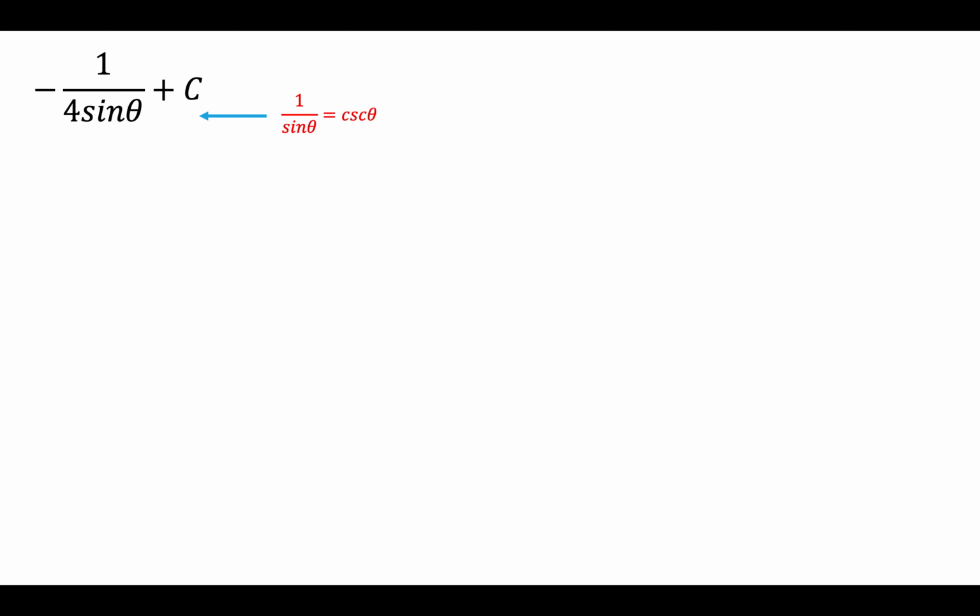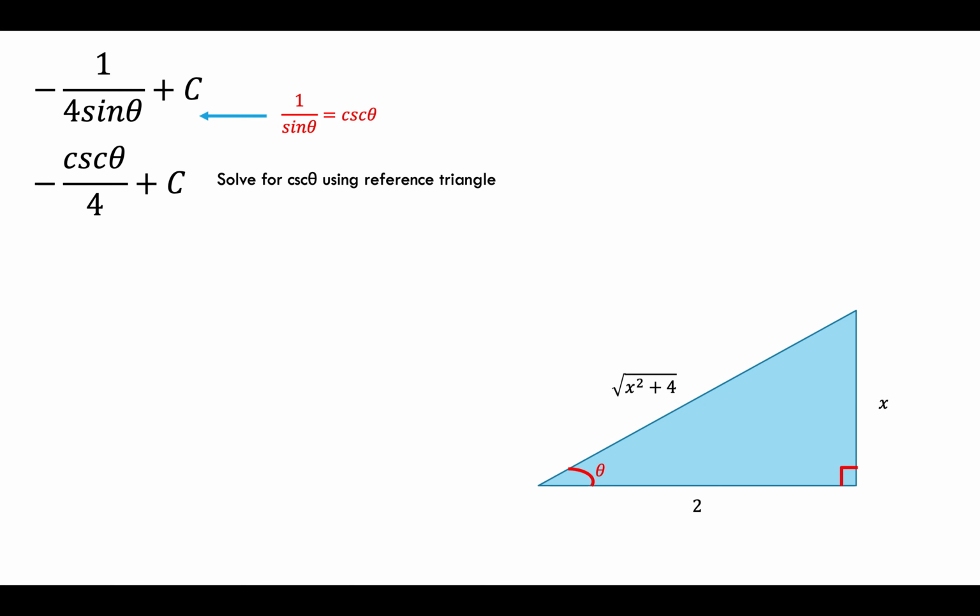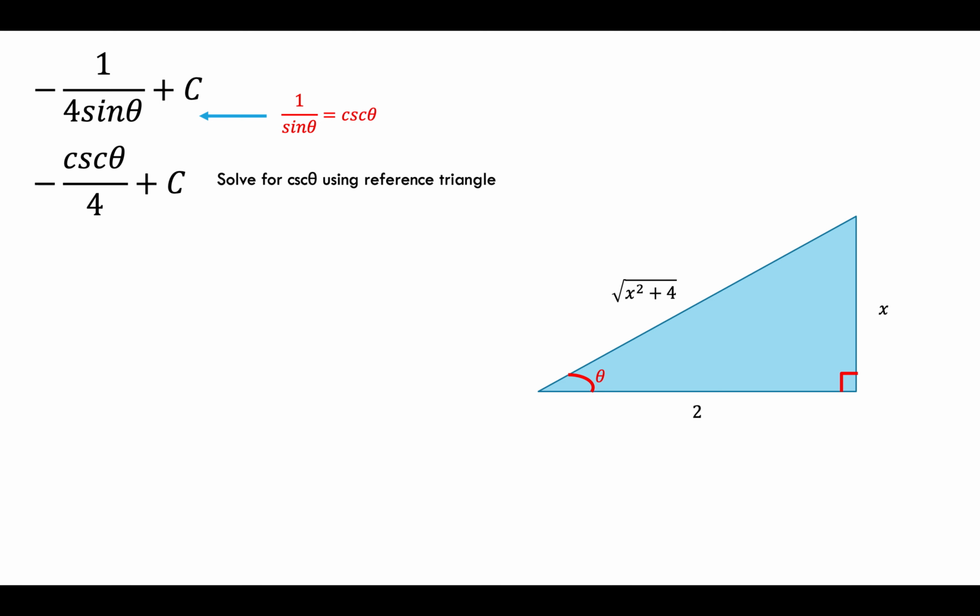1 over sine theta can also be written as cosecant theta, so we can replace that and end up with negative cosecant theta over 4 plus c. Then we can use a reference triangle to finish out the problem. With the reference triangle, our hypotenuse comes from the initial equation where we figured out which trig substitution we'd be using.